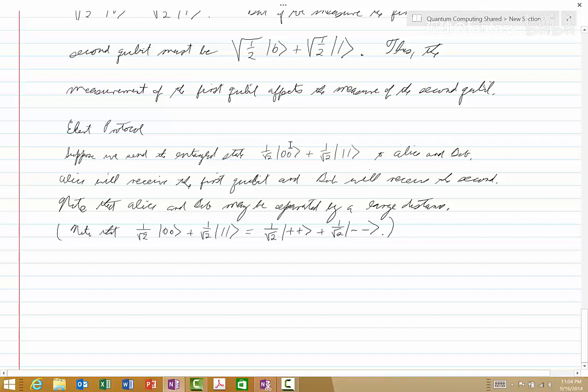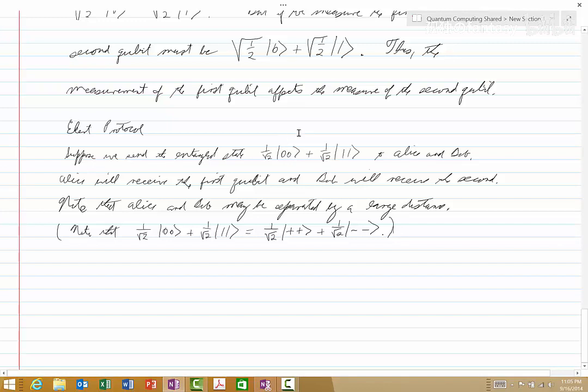then that means that the qubit, okay, let me back up. If Alice uses the standard basis to measure the first qubit, and if she measures a 0, that means that Bob's qubit is 0. And so if he measures it with the standard basis, he will certainly, with a probability of 1, measure it as 0.